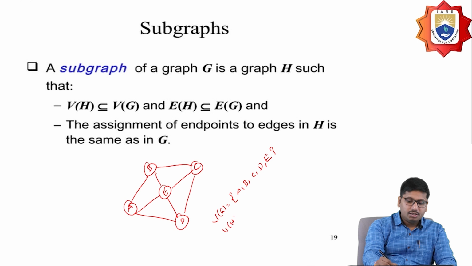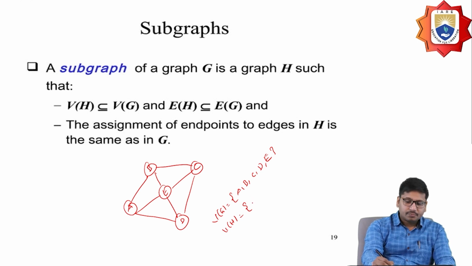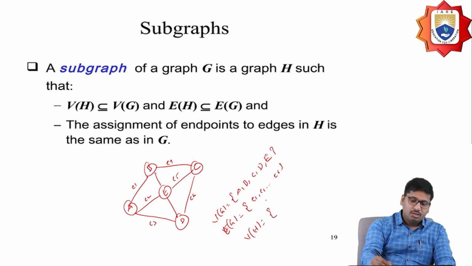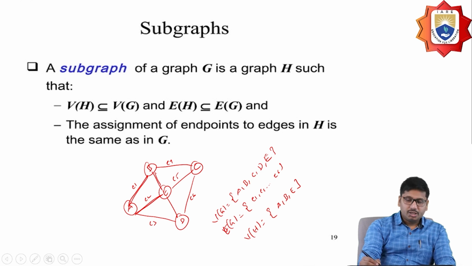And the vertex set of H is given by... so the edge set of G is given by A1, A2 up to A6. So the subgraph is going to be denoted by V of H. ABE is a subgraph of the graph.